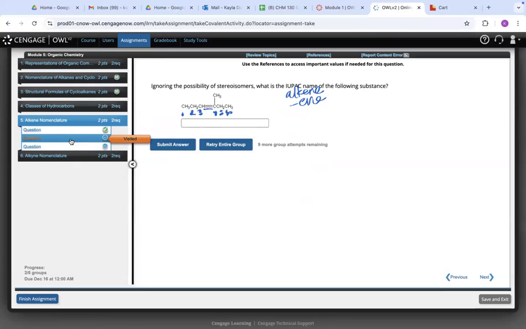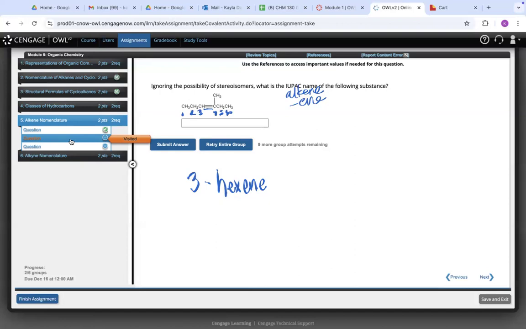So there's 6 carbons in the main chain, which is hex, and then ene because there's a double bond. Then I need to tell the audience where that double bond is. It spans from 3 to 4, but I only need to tell the audience the lowest of those two numbers, so I would say 3-hexene.